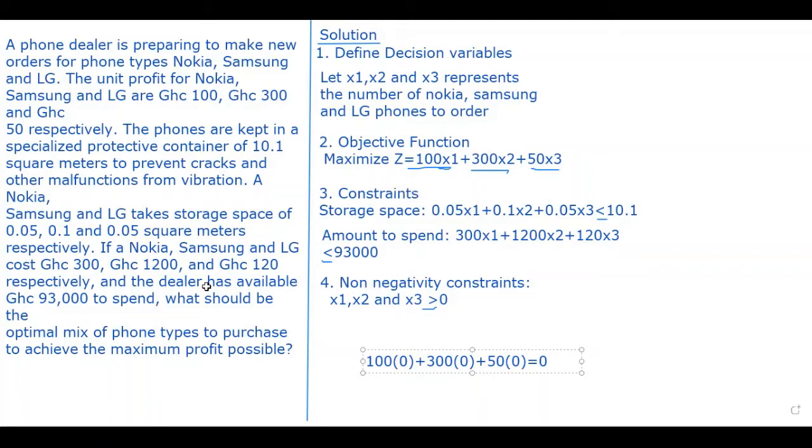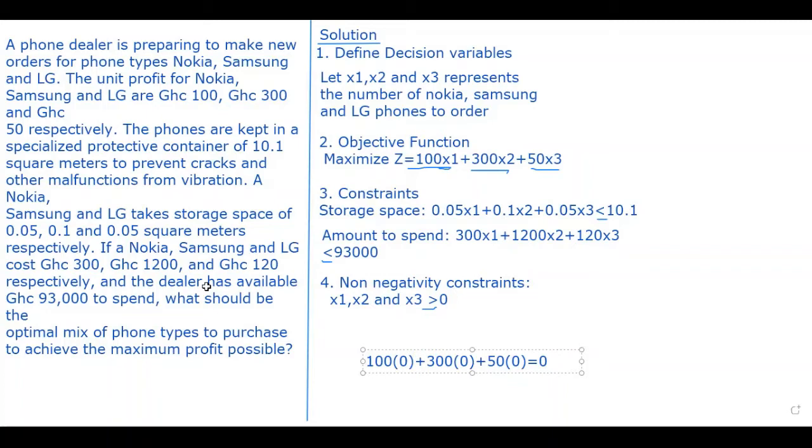Then you press Enter to give you 0. When you click on it, you see the formula on the formula bar: equal to SUMPRODUCT of the unit profits, comma, the unit orders. Because we are using SUMPRODUCT, it will multiply and add as we did on the whiteboard.